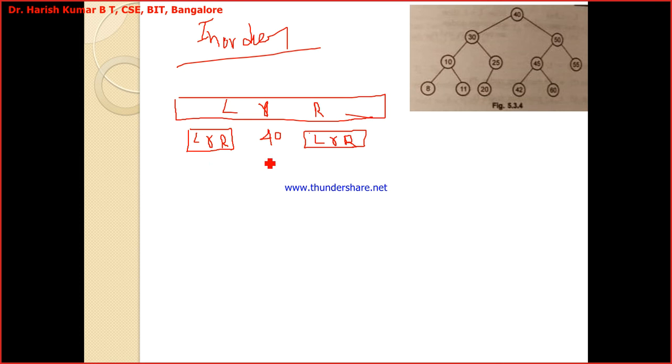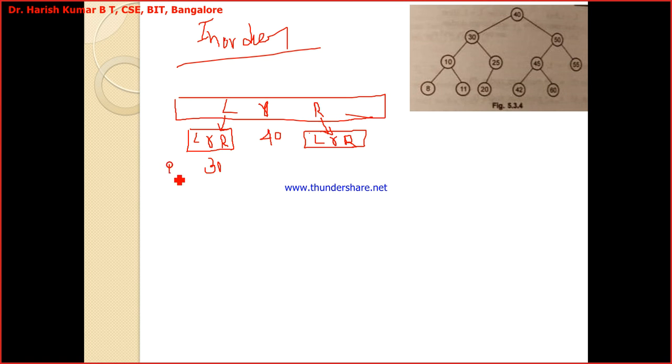Observe now. What is the root node? And this L is expanded like this, and this R is expanded like this. What is the root node for the left subtree of 40? 30. I'll write 30 here. Now I go for checking whether there is a left subtree for 30. Is there a left subtree for 30? Yes, sir. I got to expand now.